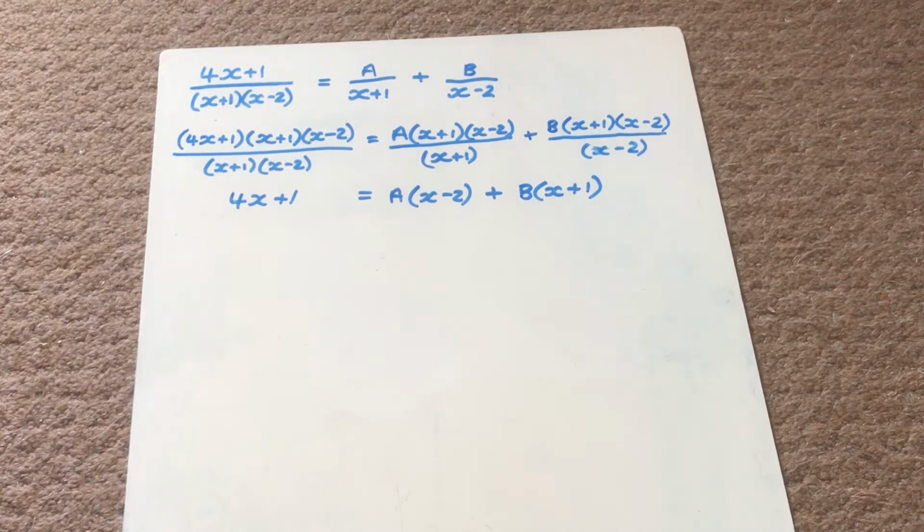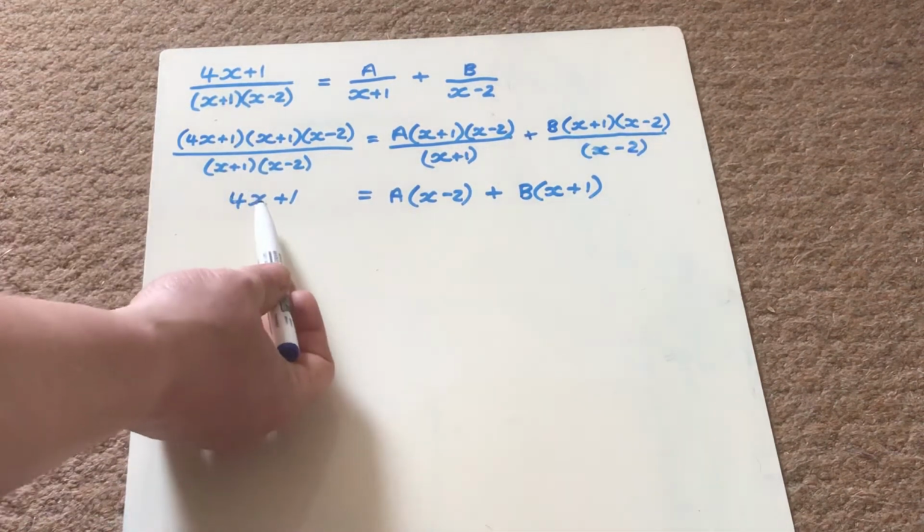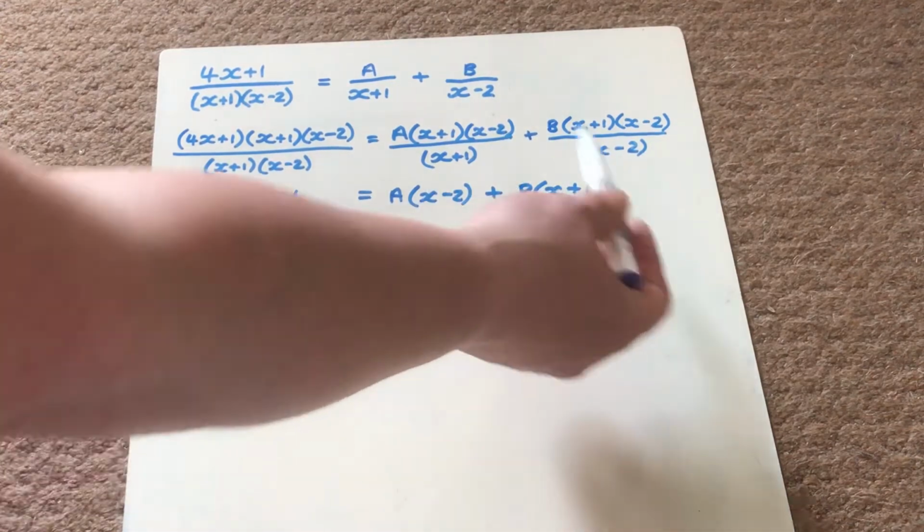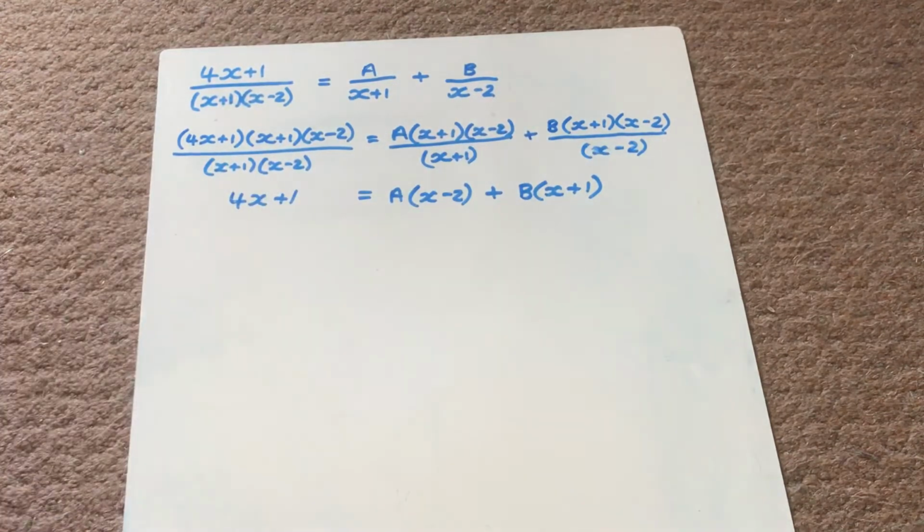We now need to work out what A and B are. I'm going to take them one at a time. We could substitute in any value of x, and it would give us an equation with a number on the left, as we substituted in a number for x, and then so many A's and so many B's. We could do this twice, we could make simultaneous equations.